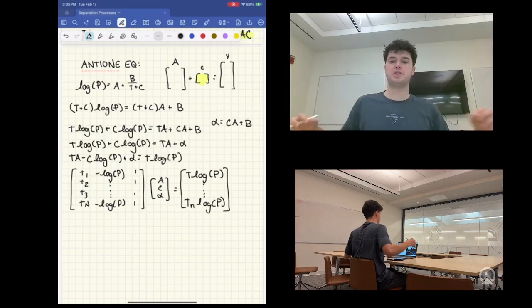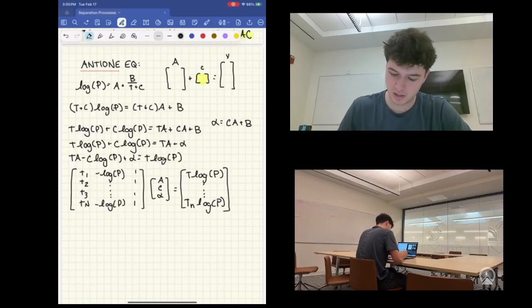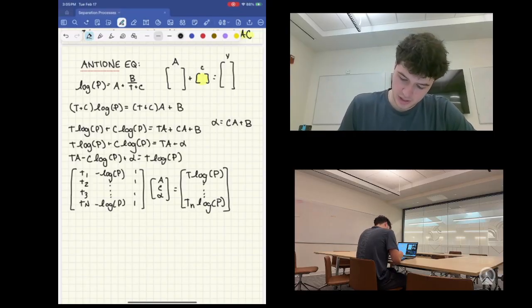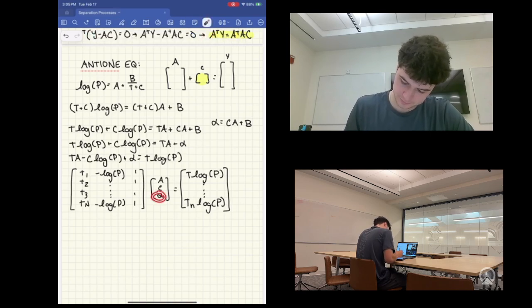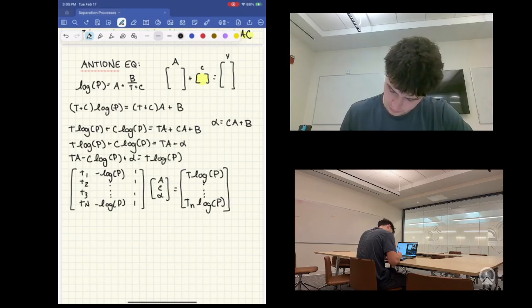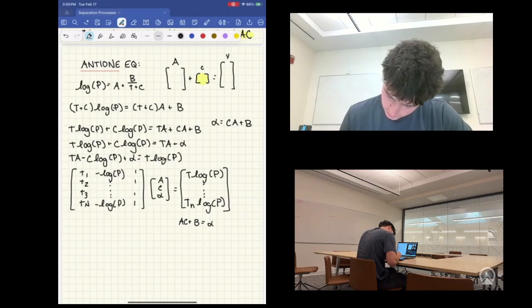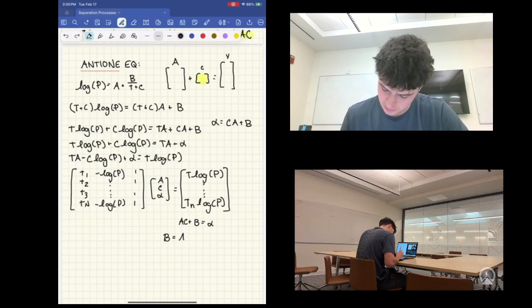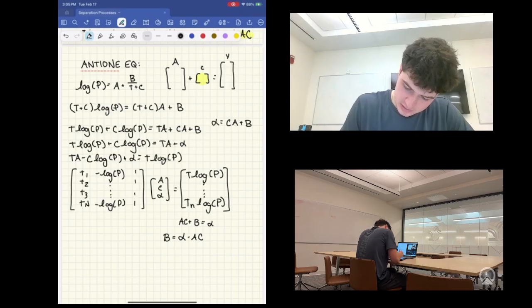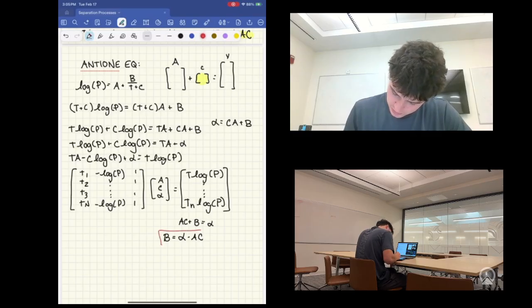So now the final step is to actually get these normal equations that we'll be using, in which we see that this alpha value here is equal to AC plus B. And what we actually want to solve for is this B value, which is equal to alpha minus AC. Now, this is our first normal equation.